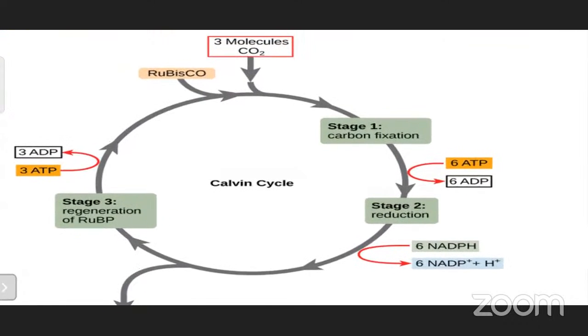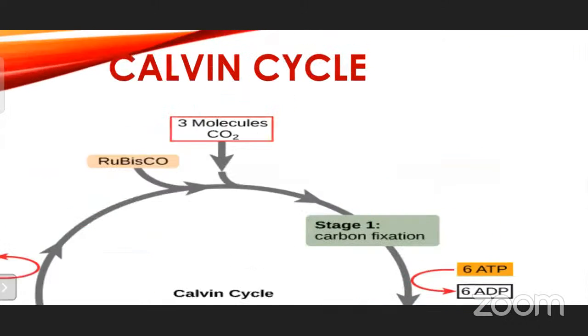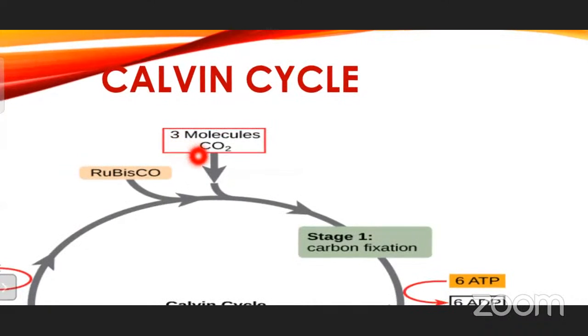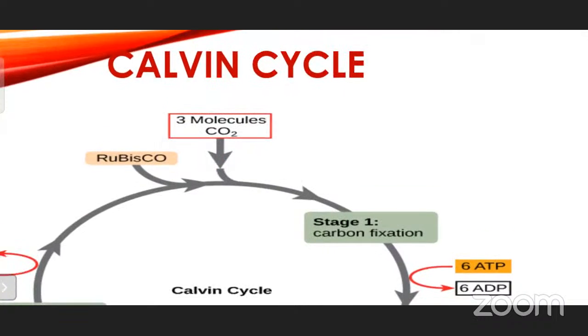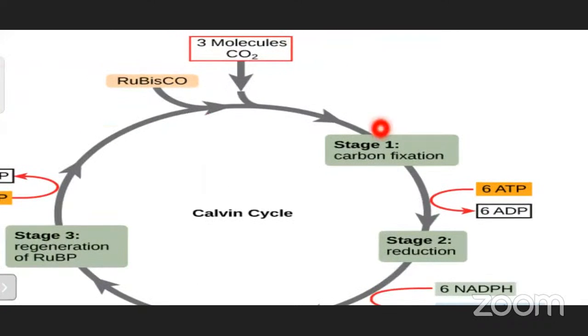The change is that here I am mentioning 3 molecules of carbon dioxide. For easy understanding, instead of mentioning only 1 carbon dioxide or 6, we can take 3 carbon dioxide molecules here.